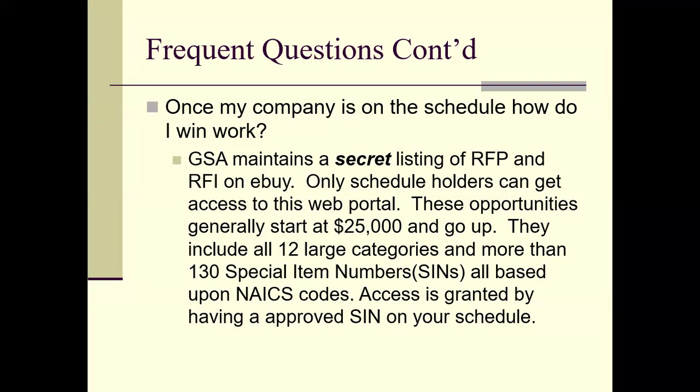You can look at any of those, but they're all broken down based on the SIN that you have on your schedule and what the government or the agency wants to purchase. So it's a one-for-one match across your SAM, across your SIN, and across what's available for the government to actually operate on and purchase.